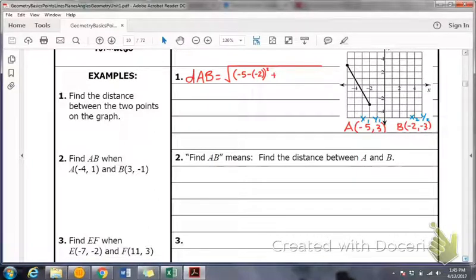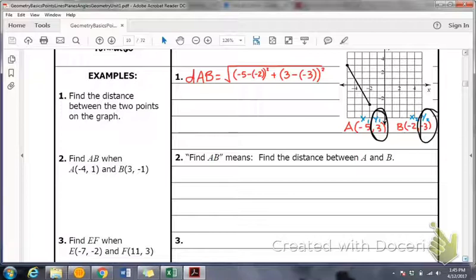Then it says plus 3, which is my y1, minus -3. Right? 3 is y1. Look down here. Look, 3 is your y1. -3 is your y2. Right, so 3 minus a -3.